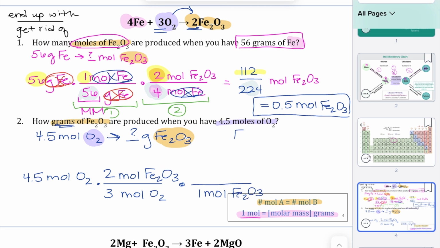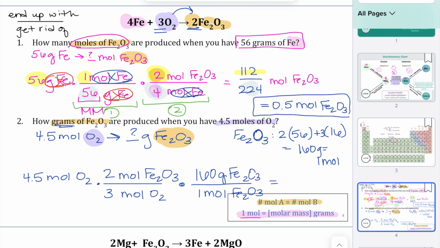Finding my molar mass for that iron oxide, I've got 2 irons, each iron is 56, plus 3 oxygens, each oxygen is 16. And so I've got a molar mass of 160 grams equals 1 mole. So we have our 1 mole on the bottom, 160 grams on the top, and we can go ahead and do our calculations.